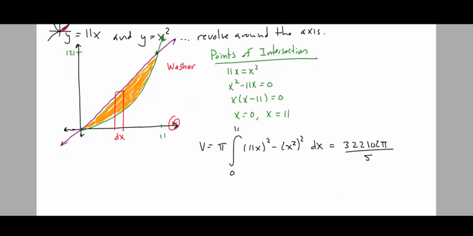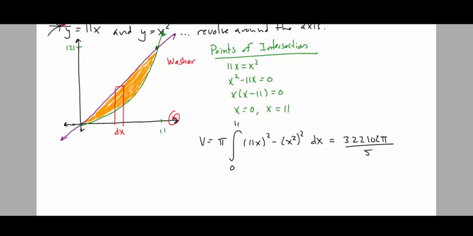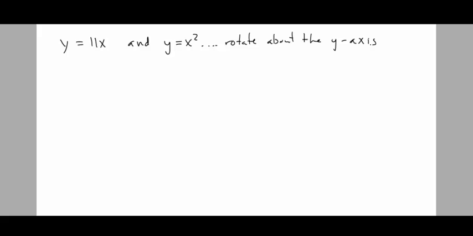Now we could also do the same graph. Let's do y equal 11x and y equal x squared, and rotate about the x-axis. Oh, let's do the y-axis. We just did the x-axis. Let's rotate this around the y-axis.